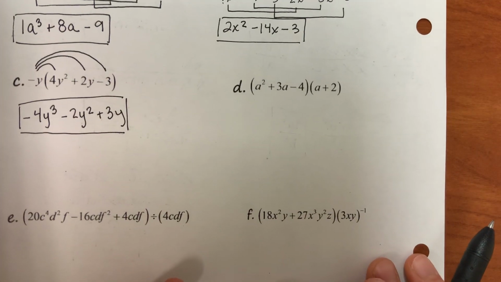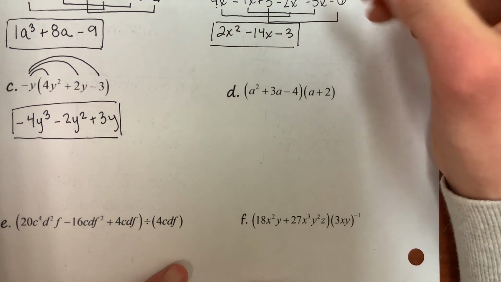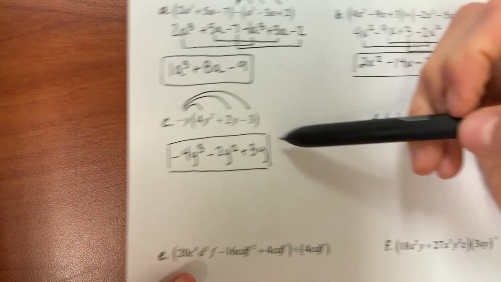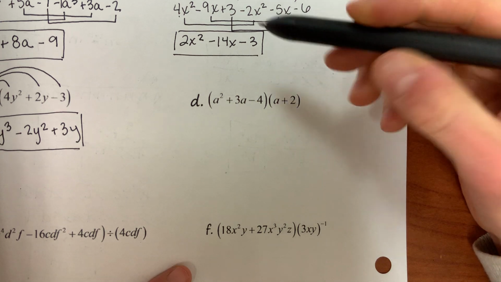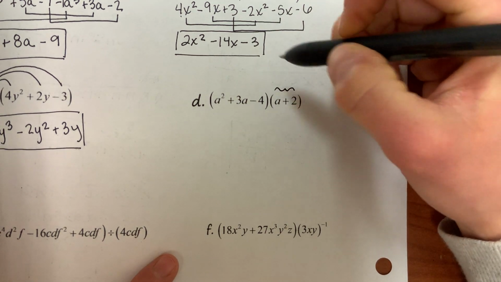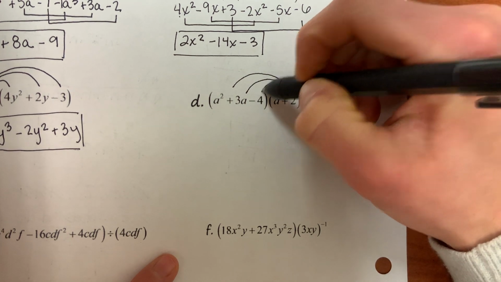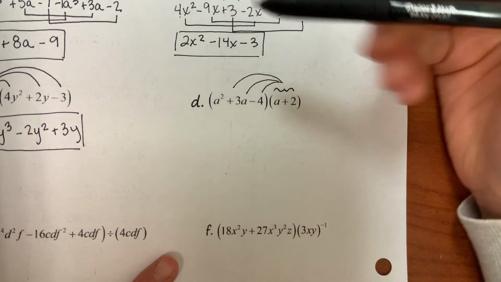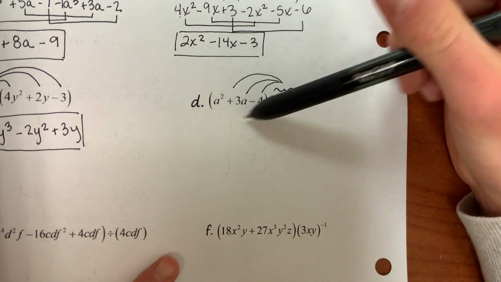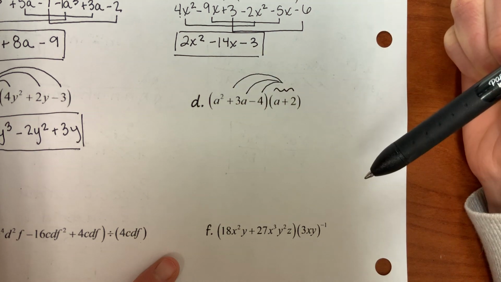Okay. Here, for D, we're still dealing with distribution here, but now instead of just distributing a single term here, we have a small expression that we are distributing. So what I'm going to do is I'm going to distribute this a plus 2 to all 3 parts of that parenthesis. Okay? Basically, all you're doing here is you're going to expand this parenthesis to leave room to write a plus 2 after each of these terms.